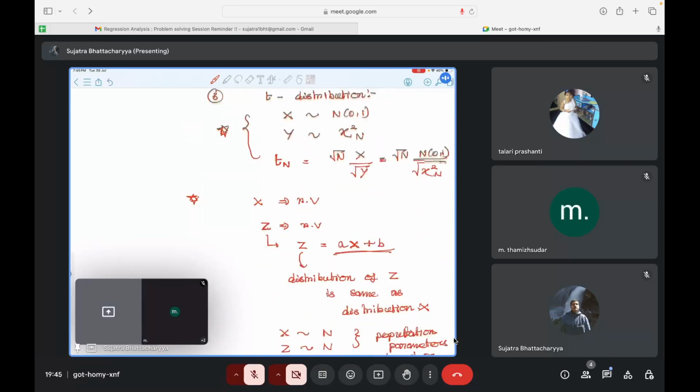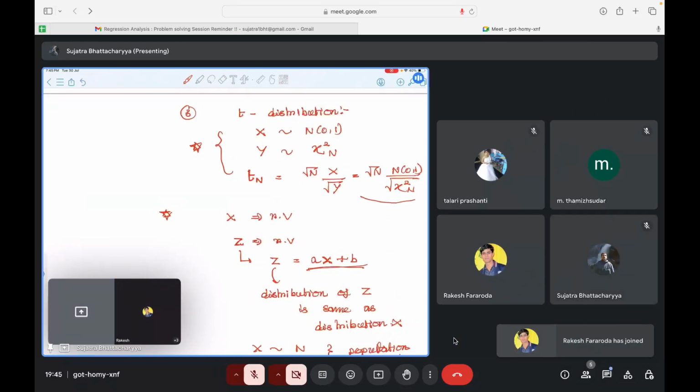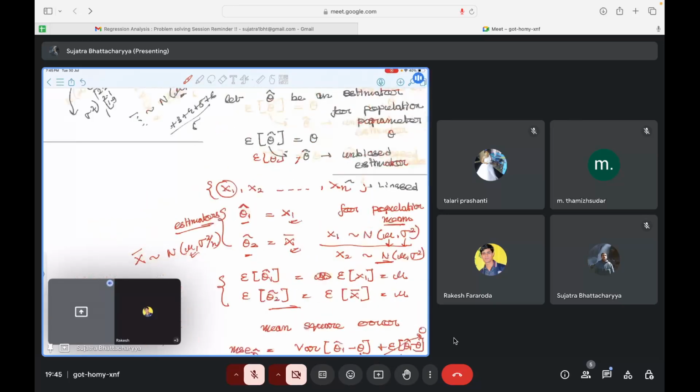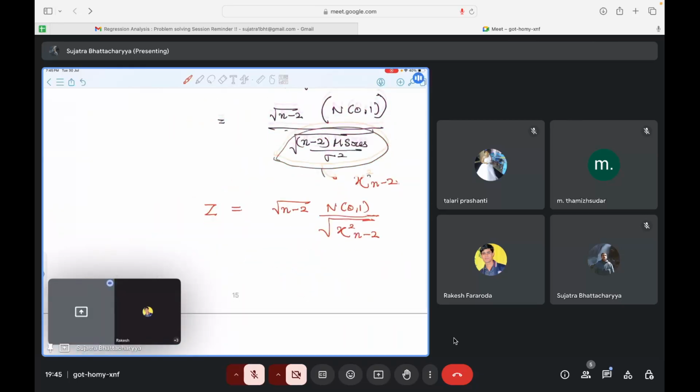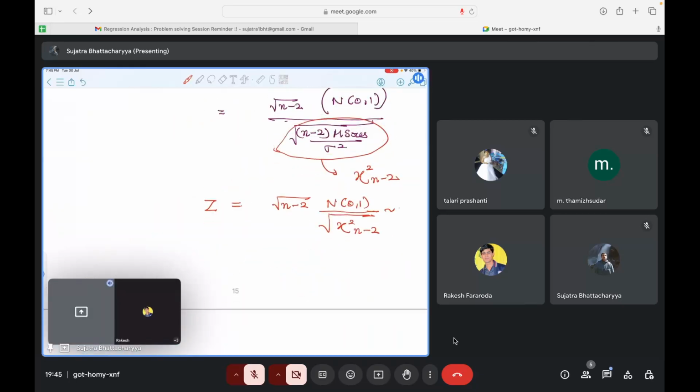Here, look at it. Isn't it quite similar? Normal 0, 1 divided by root of chi square n. This is nothing but the t distribution. So this is nothing but t with degrees of freedom n minus 2.